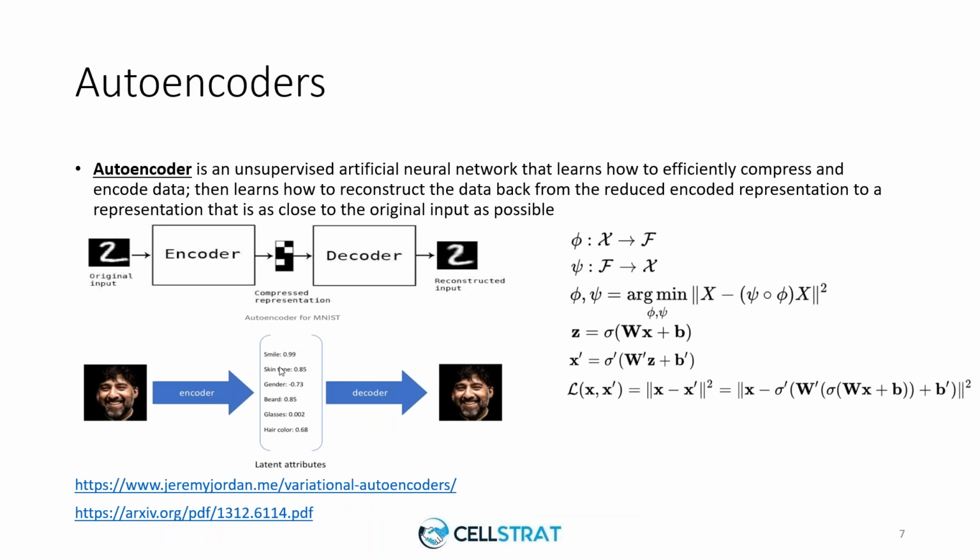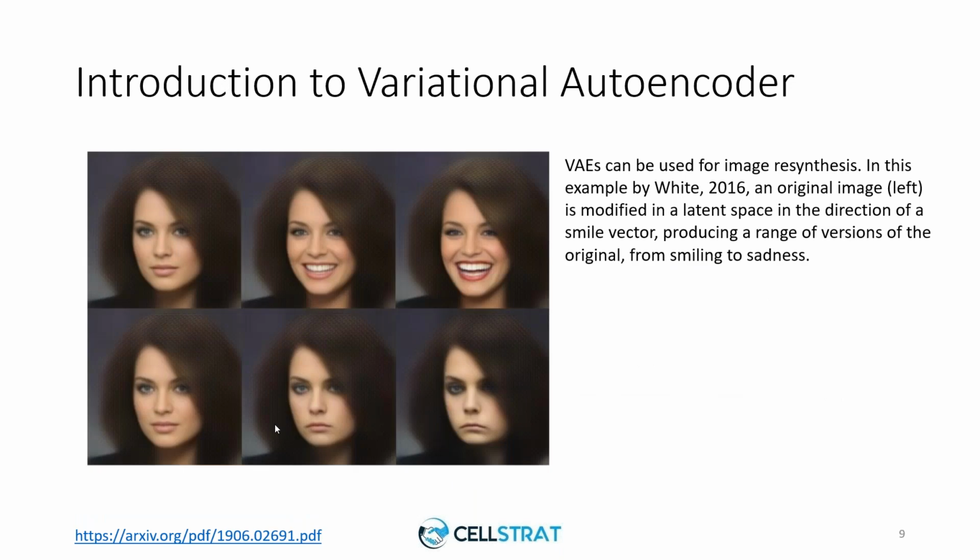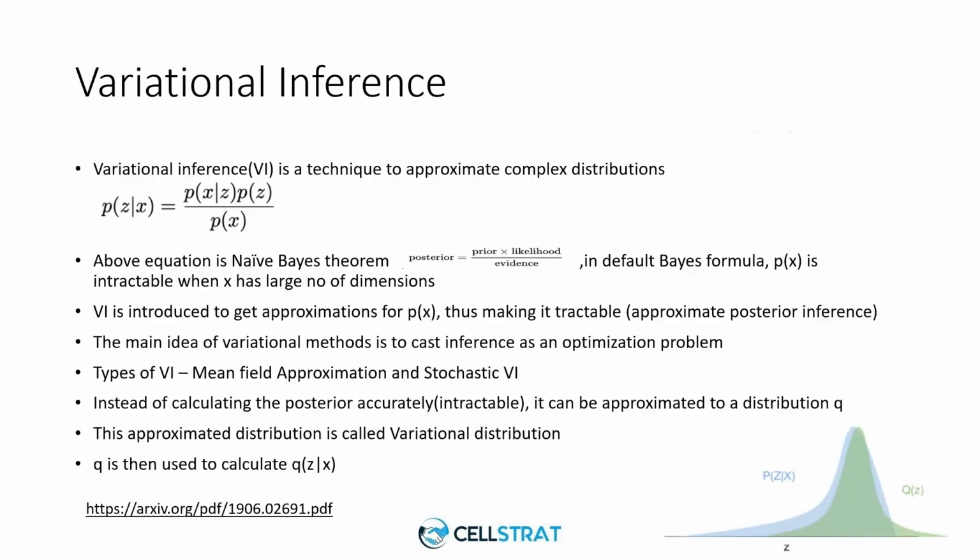So P of X has to be calculated with multiple integration with respect to all of them. We are seeing that it's so difficult with just 6 features. Once the number of dimensions or features increases, it definitely becomes more intractable.